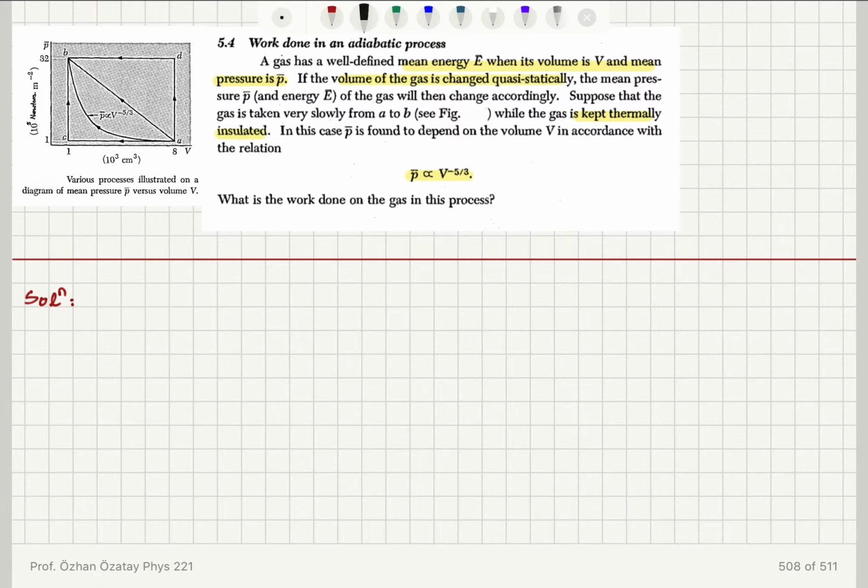So it has mean energy E bar, volume V, pressure P bar, and these values will change in the quasi-static process where I have no heat exchange with the environment. It's a quasi-static adiabatic process.